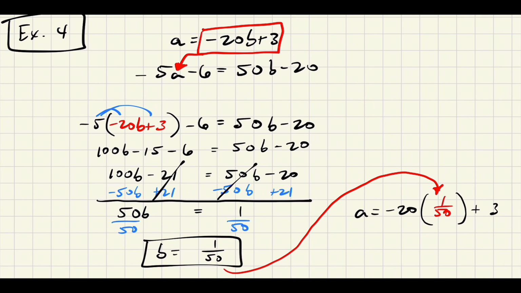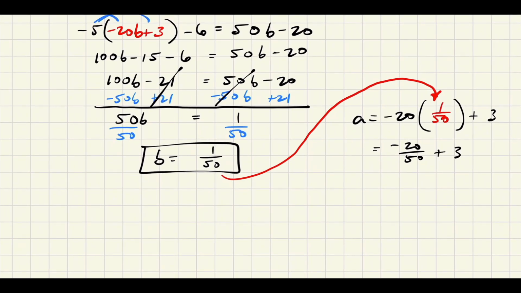So I get negative 20 over 50 plus 3. Negative 20 over 50 is the same as negative 2/5. So if I add negative 2/5 plus 3, I get 2 and 3/5, which is the same thing as 13/5.